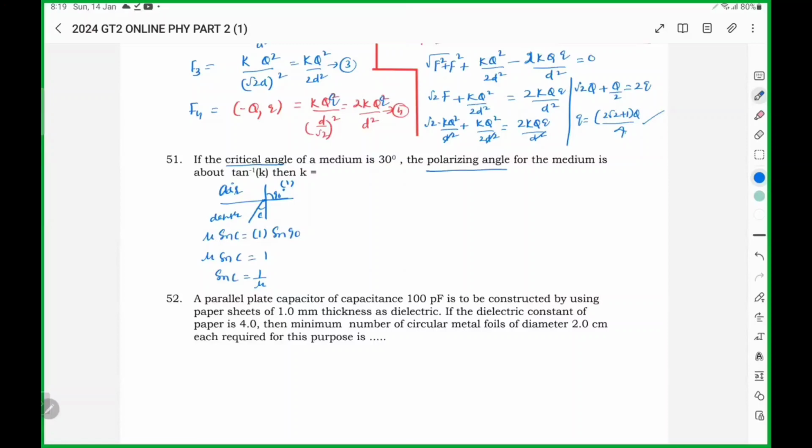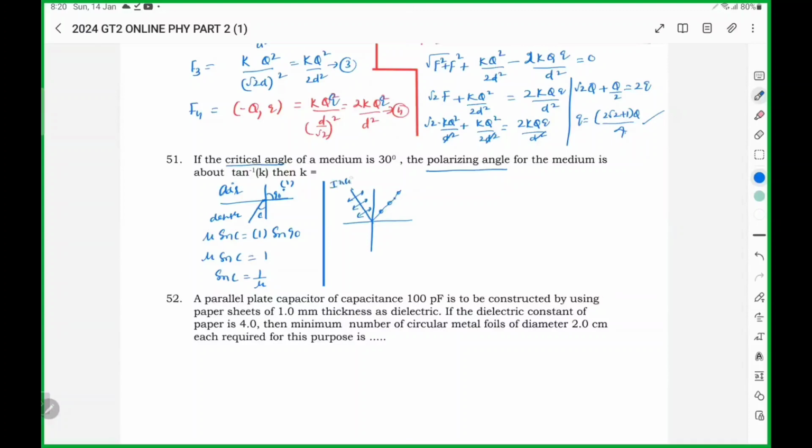So here about the polarizing angle. Polarizing angle means unpolarized light, when it is incident on a non-metallic surface, gets reflected and finally gets polarized.